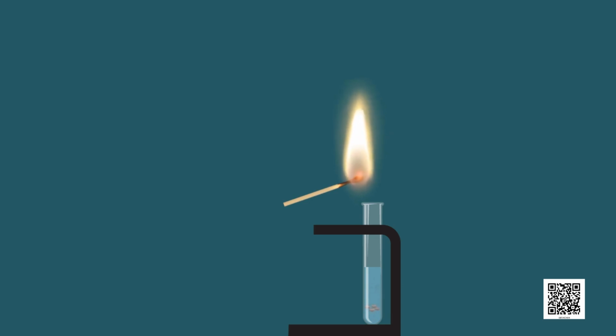You will again hear a popping sound. It means the gas produced here is hydrogen gas, because the occurrence of a popping sound when a gas reacts with a burning matchstick is a characteristic feature of hydrogen gas.